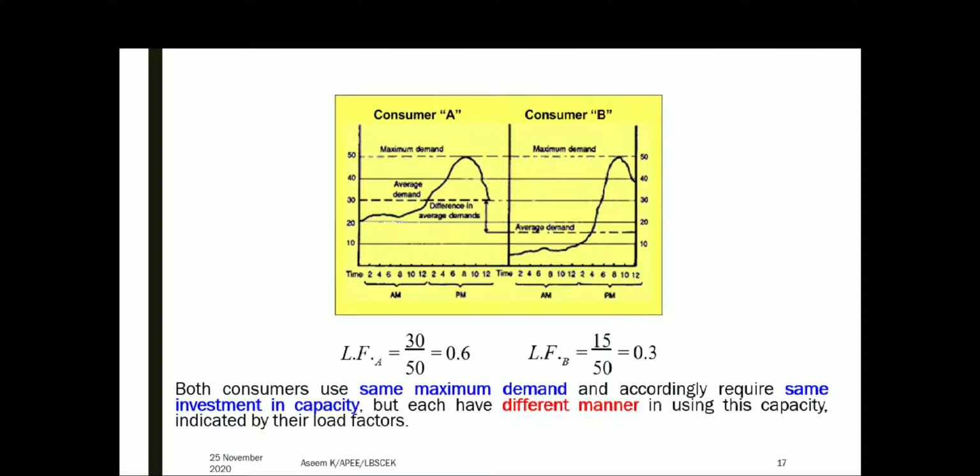That is indicated by the load factor. If the load factor is 1, they are well utilizing the power system, but if the load factor is reducing, their average demand is very low, but we installed such a system for meeting the peak load.